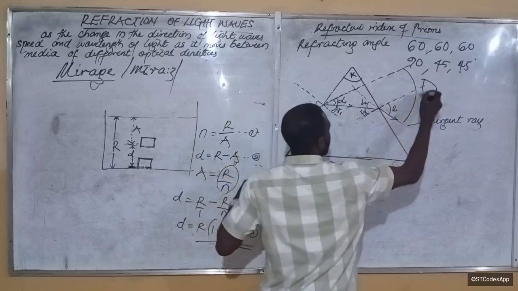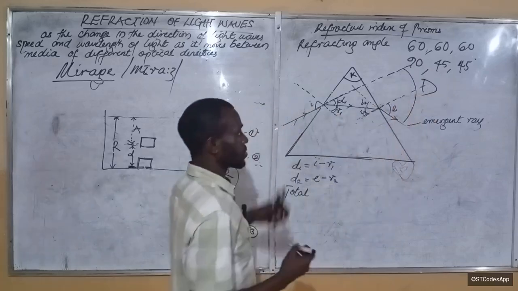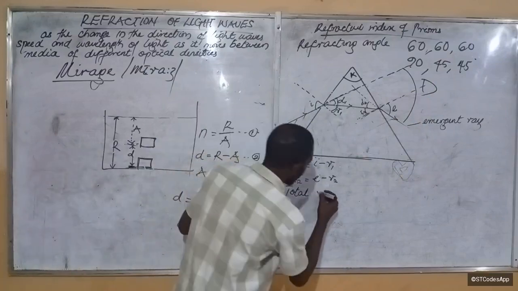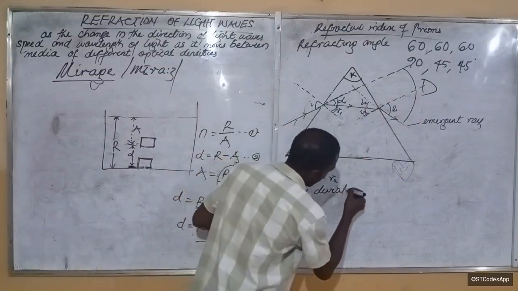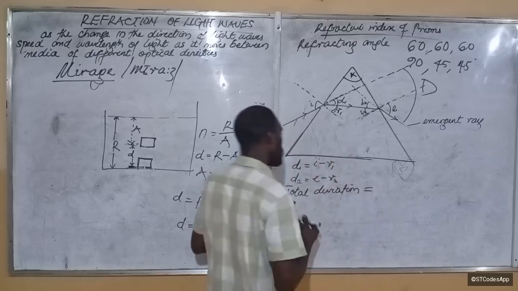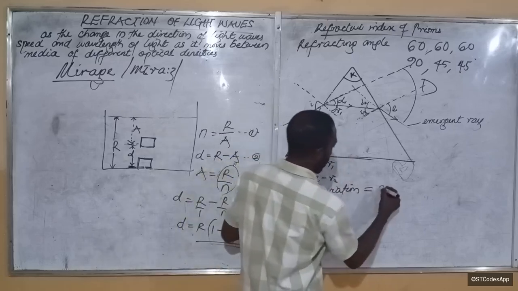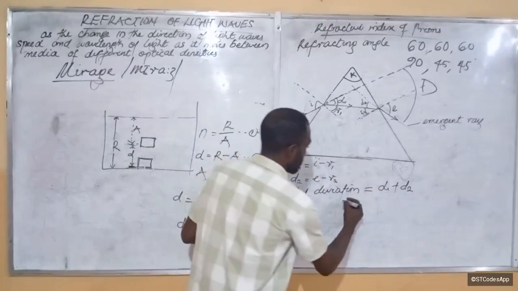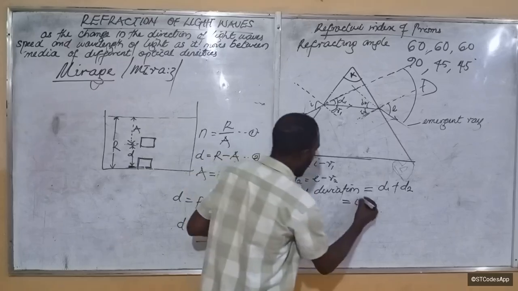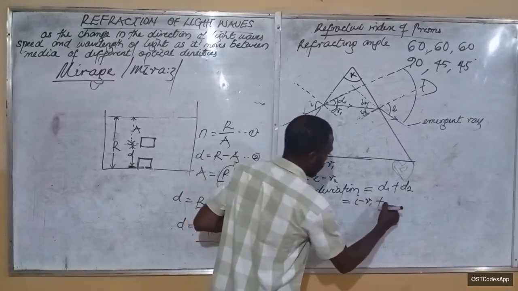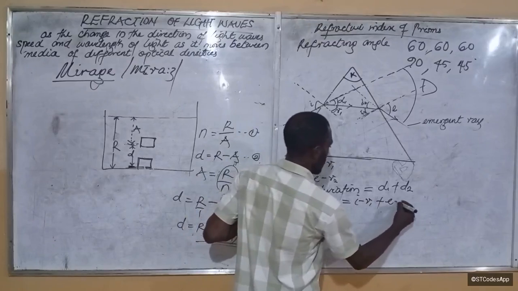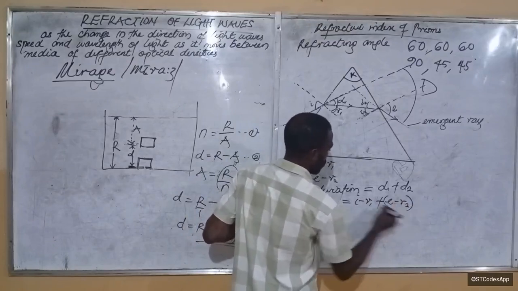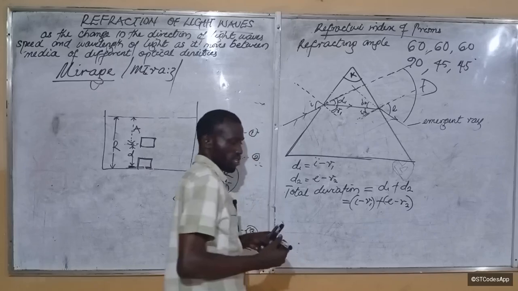So this is total deviation, D. So how do you get the total deviation? The total deviation will be equal to D1 plus D2. I hope that makes sense. And remember that D1 is already I minus R1 plus E minus R2. So this will be the formula for total deviation.